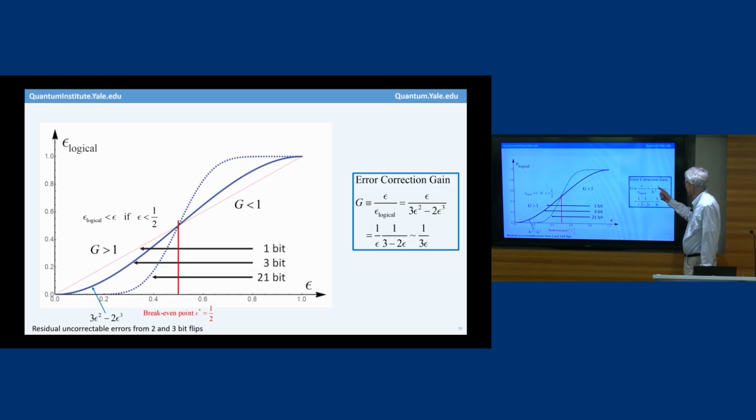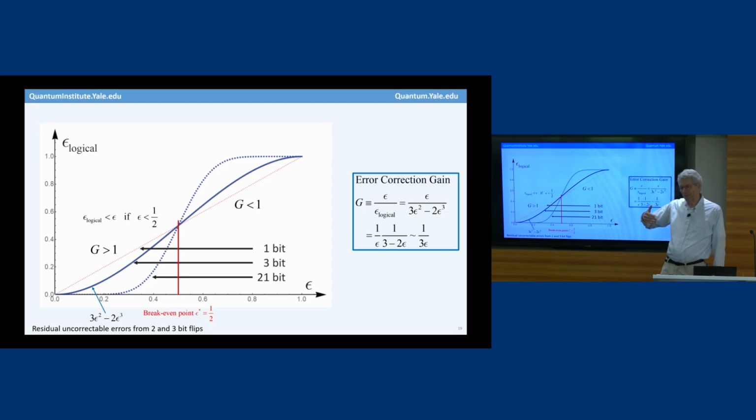So if I just divide out powers of epsilon, I get 1 over epsilon times 1 over 3 minus 2 epsilon. If epsilon is small, I can throw that term away compared to the 3. It's approximately 1 over 3 epsilon. So it's really getting big for small physical error rates.